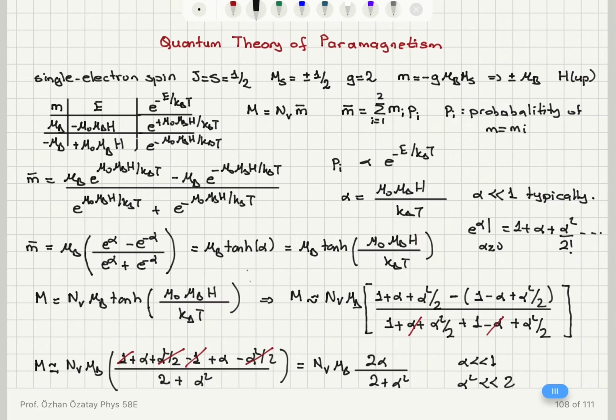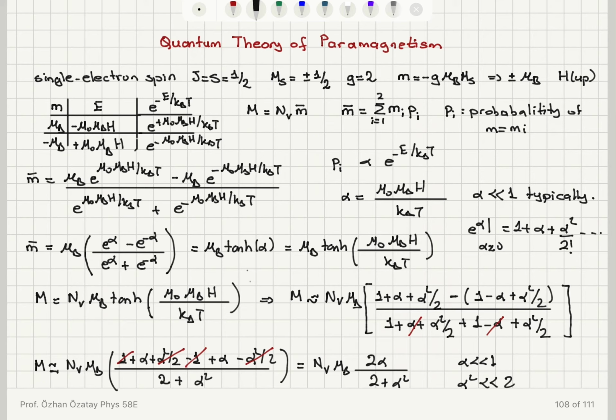Okay. All right, so we have talked about the quantum theory of paramagnetism. We started out with a single spin where J is equal to S is equal to 1/2. The spin quantum number m_s can be plus or minus 1/2. The Landé g factor is 2 if we have spin only.